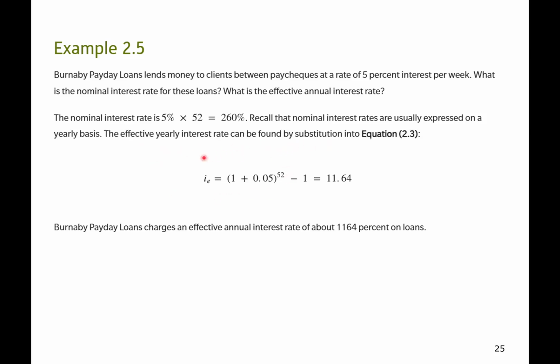Once you plug it into this equation, i_e equals (1 plus 0.05)^52, because it's per week, minus 1, which gets you to 11.64. Burnaby Payday Loans charges an effective annual interest rate of about 1,164% on loans.